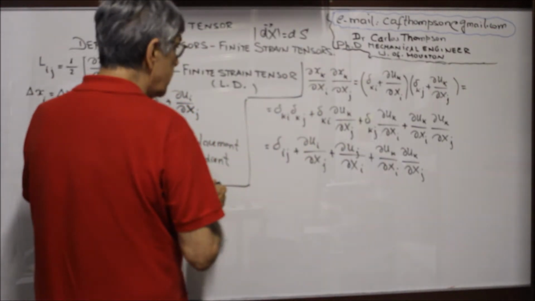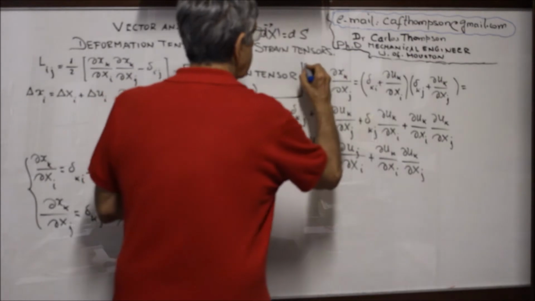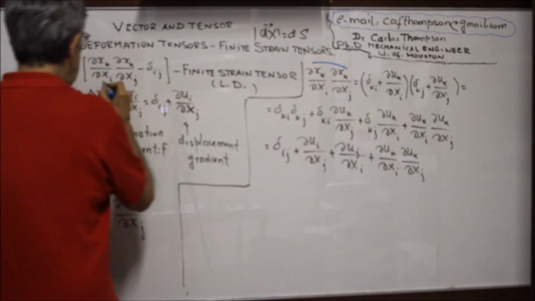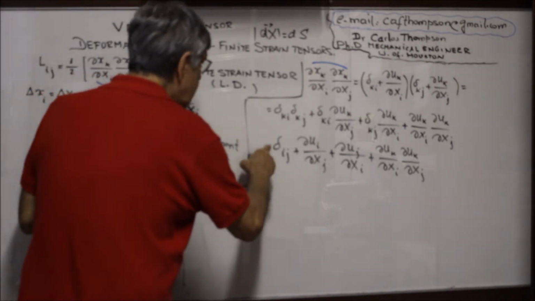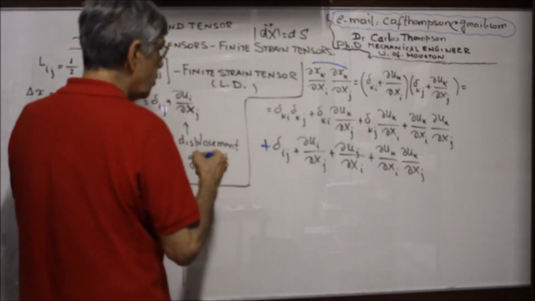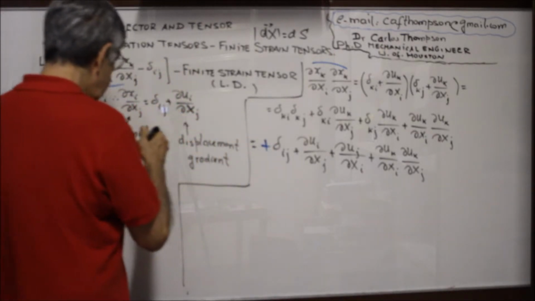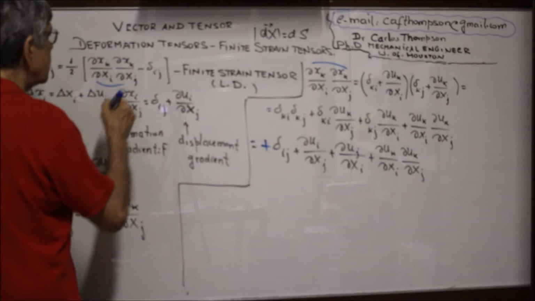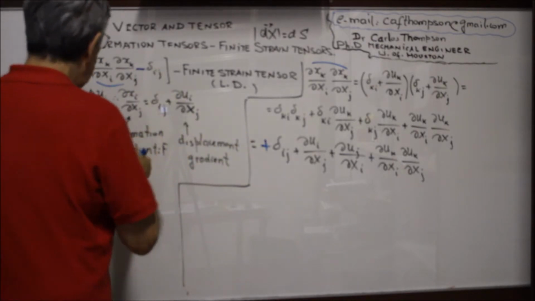Now it will be easy. You substitute this expression right here, and we have plus delta ij, and this is minus delta ij, so they cancel.